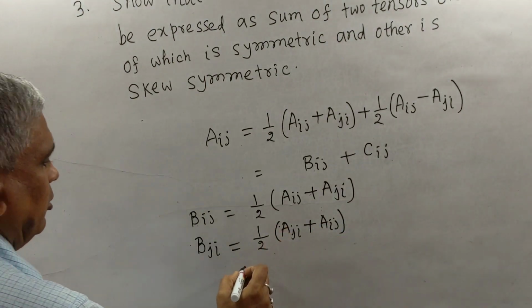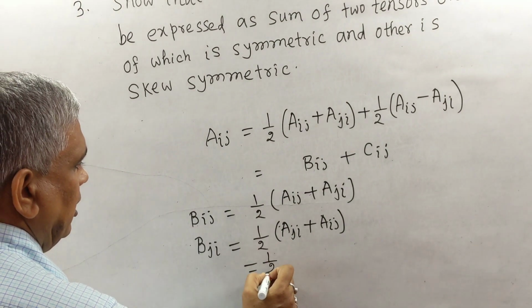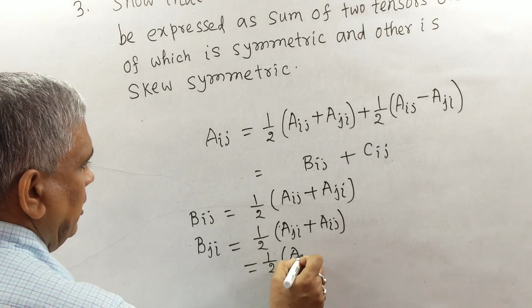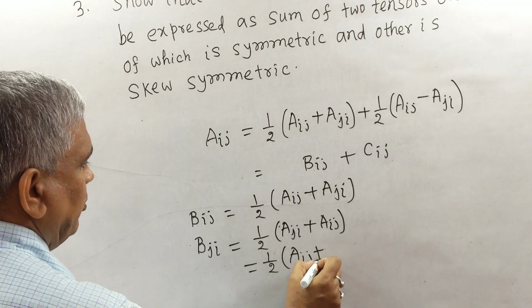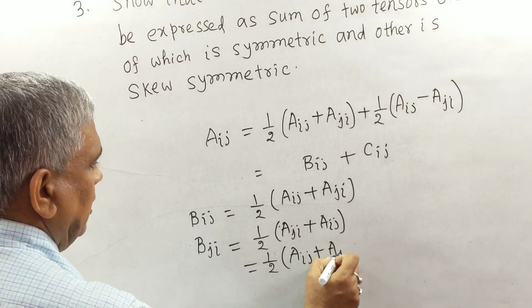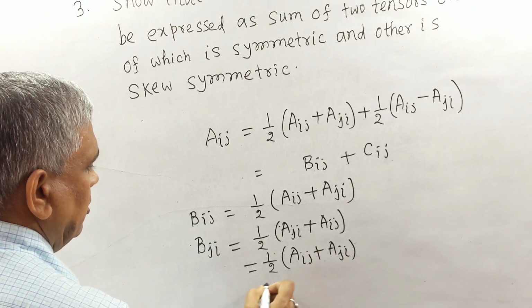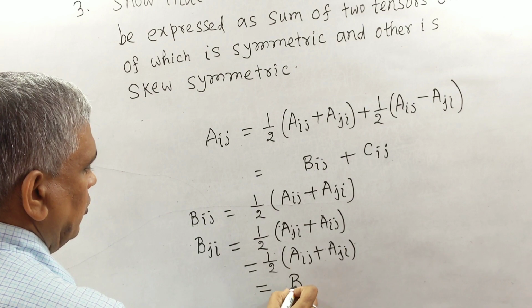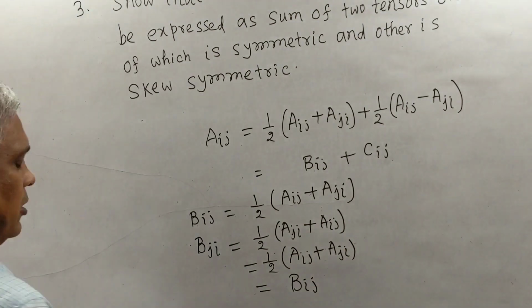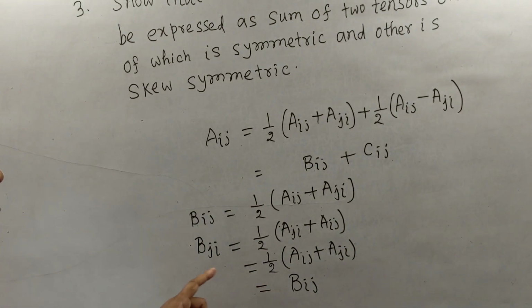By the commutative law, this equals half of Aij plus Aji, which is Bij. Therefore, Bij equal to Bji. So, Bij is a symmetric tensor.